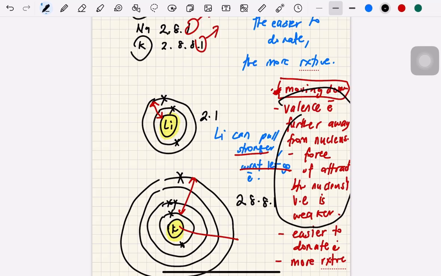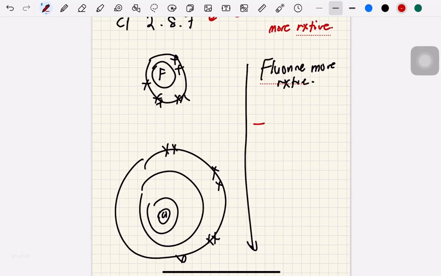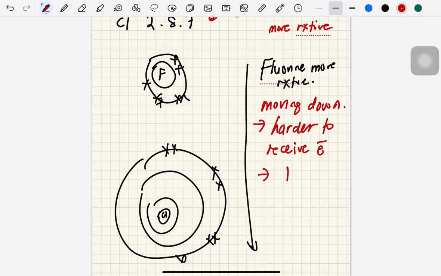So the force of attraction between nucleus and valence electron is weaker. Okay, continue. Cannot pull electron as strongly, or harder to receive electron. Say the formula. Okay, harder to receive electron. Why? Moving down the group, so it means less reactive.